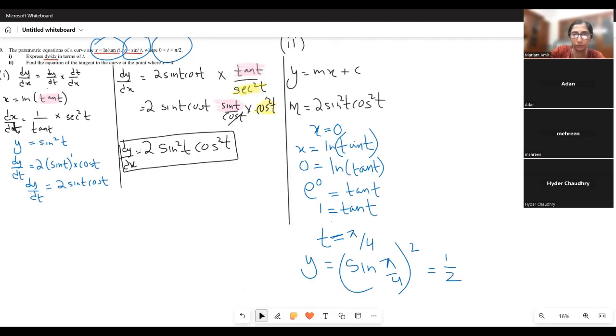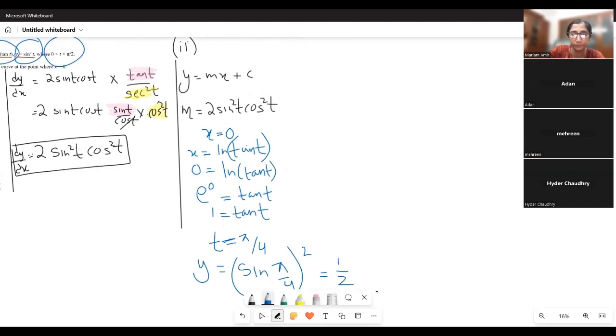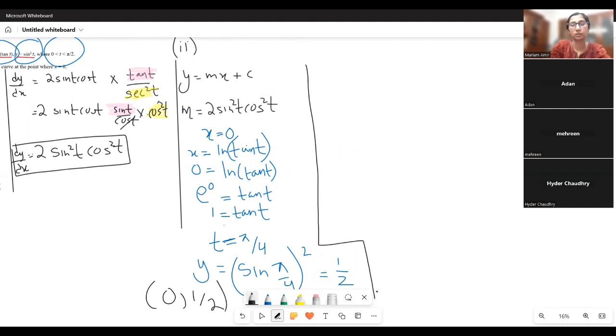Okay, so let's find m. For m we only need t. So the point is 0, half, from which we'll get our c. The y intercept is half.